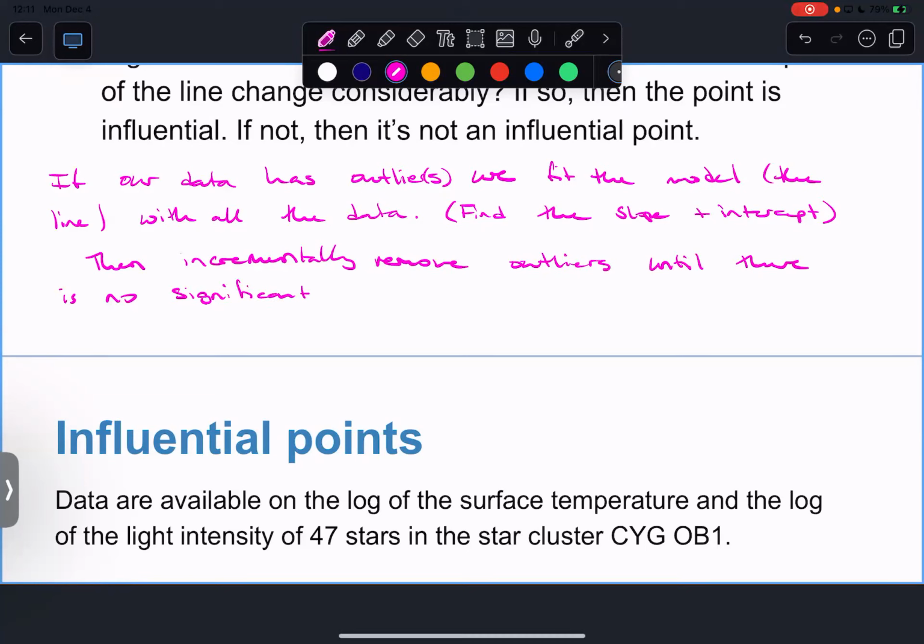And I know I said significant, so there must be a hypothesis test in there. You're absolutely right, but not for us. No significant change in the slope or the intercept, but usually we focus on the slope.